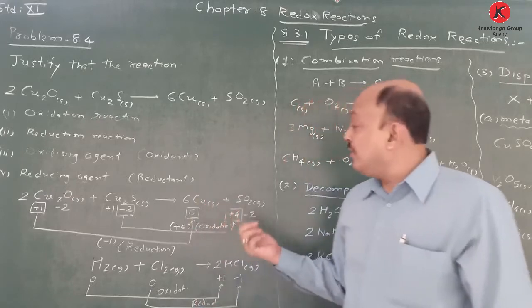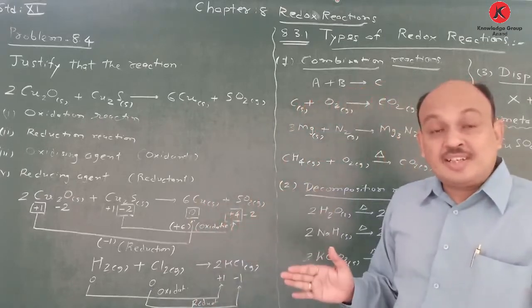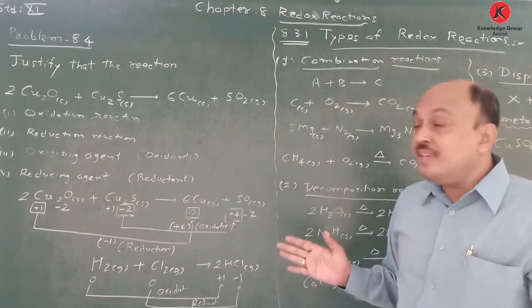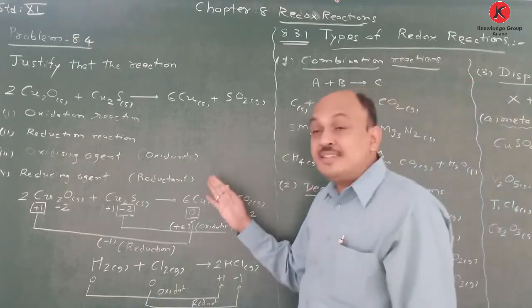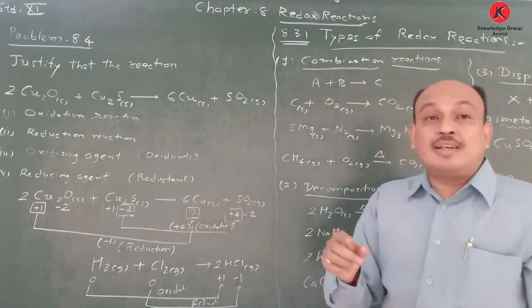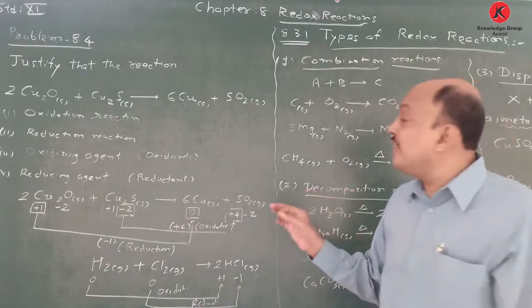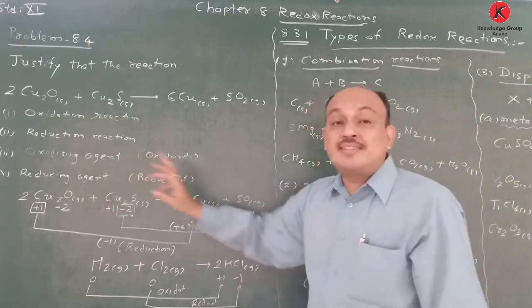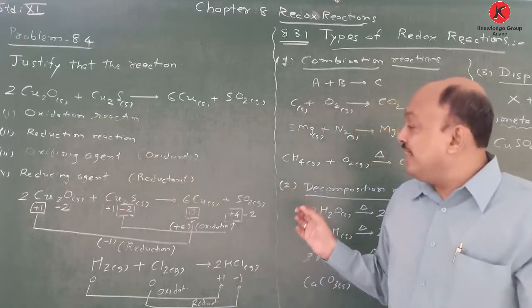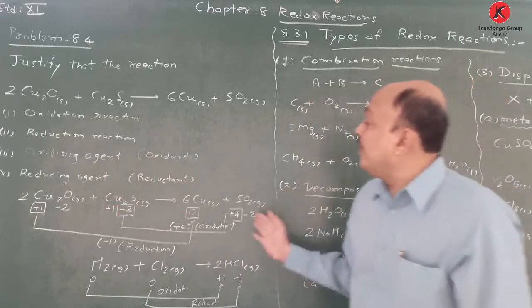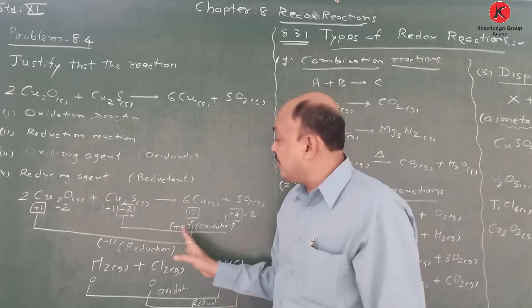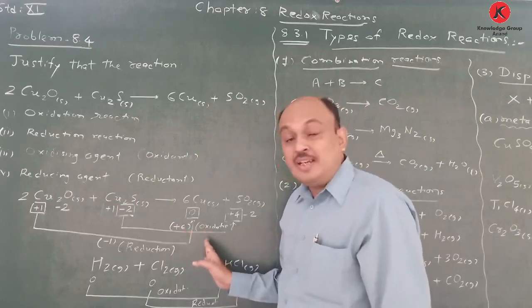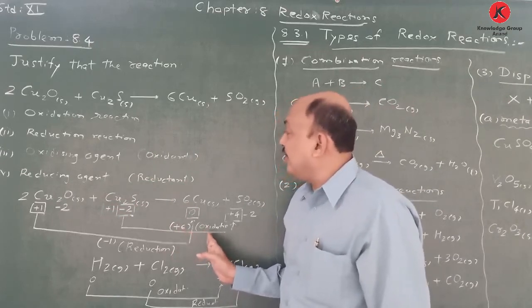So first of all find out the oxidation reaction, find out the reduction reaction, and from that the oxidizing agent. Gaining of electron is considered as oxidizing agent, and losing of electron is considered as reducing agent. So here the oxidant and reductant are also shown from this particular reaction.